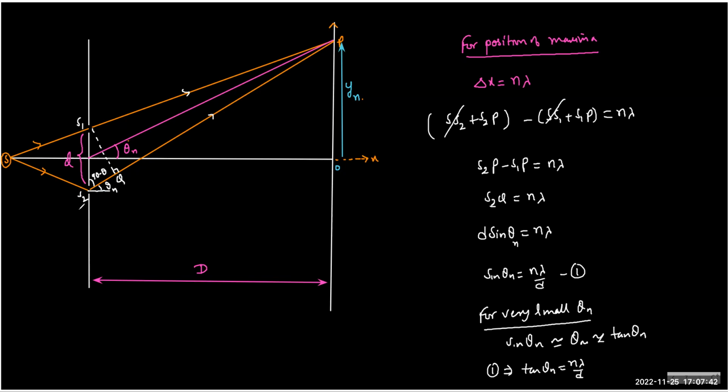And in a triangle, using the center, the tan of theta n is how much? Isn't it? Yes. So that's why we write capital Y1 by capital D is n lambda by small d.